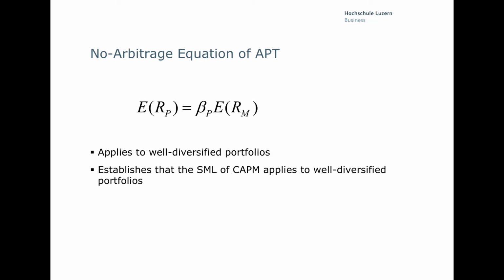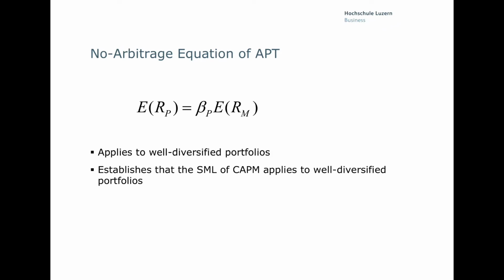This last step is easy to justify because all well-diversified portfolios are perfectly correlated with the macro factor. This means that betas measured against the market index are just as informative about relative levels of systematic risk as are betas measured against the macro factor.